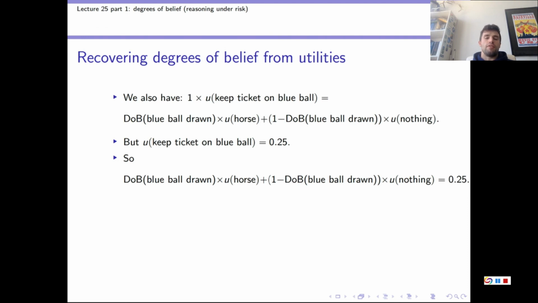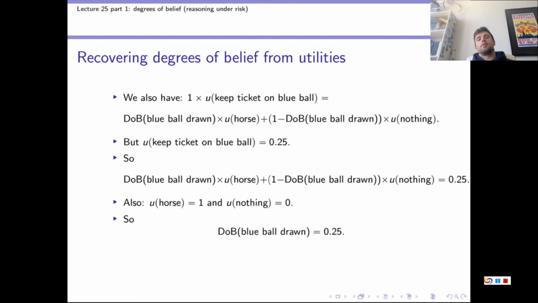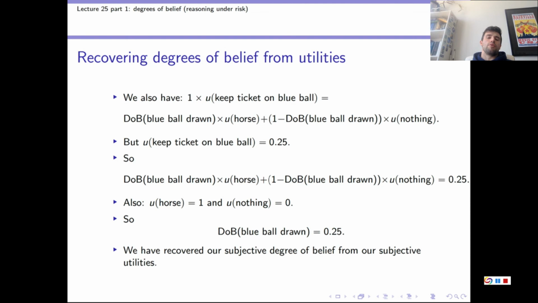And then we substitute the values in again. So U of horse is 1, U of nothing is 0. So this reads, my degree of belief in a blue ball coming out of the bag is equal to 0.25. So again, we have recovered my degree of belief from my subjective utility here. And again, because the utility is subjective, this is a subjective degree of belief. It's my subjective degree of belief that a blue ball will be drawn from the bag.